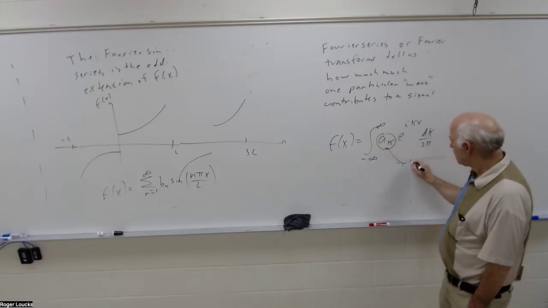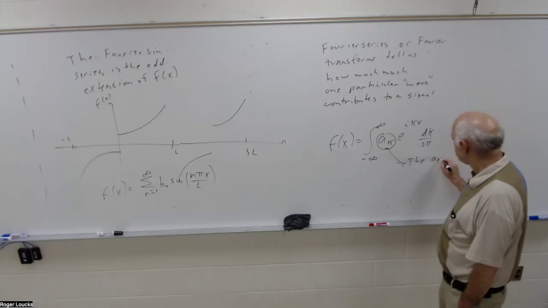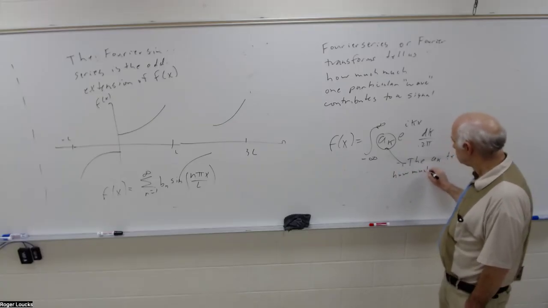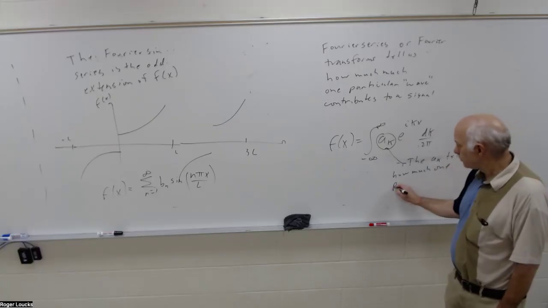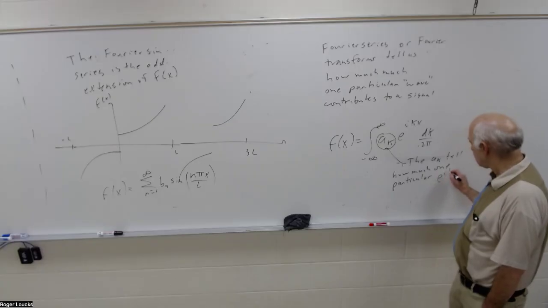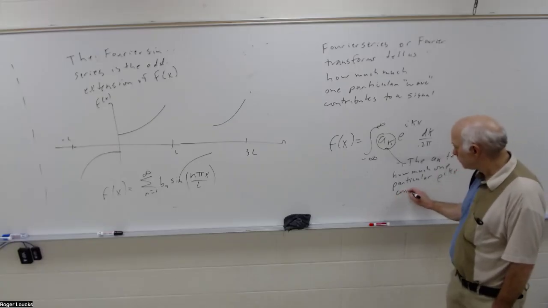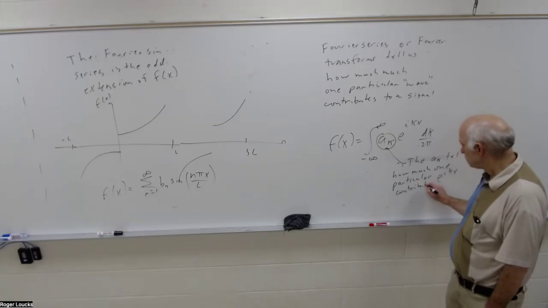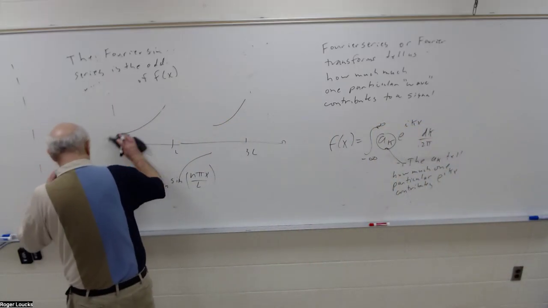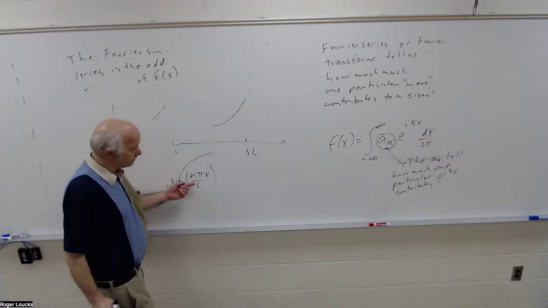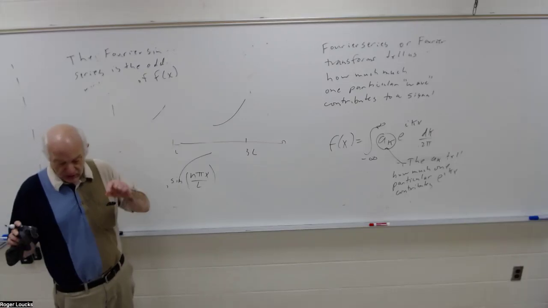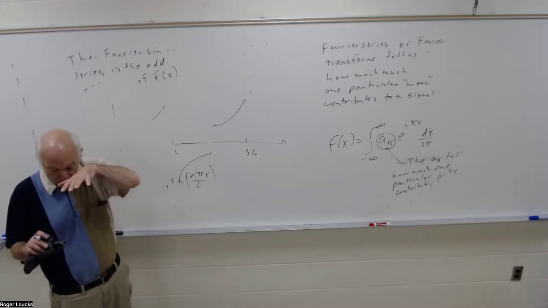Actually, I'll say the A_k's here tell how much one particular e to the ikx contributes. So if I make a graph of something like this, it's the same thing as when I had the Fourier series with the a_n's and the b_n's. Those coefficients are telling us how much one particular wave is actually contributing.